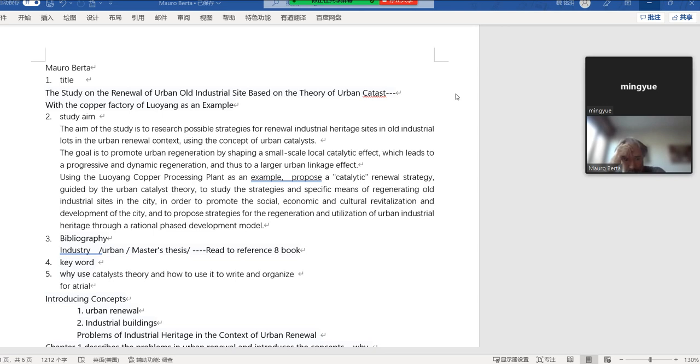First, through the bibliography, I read a lot of master series, from the industrial and from the urban fields, and I also read some books.